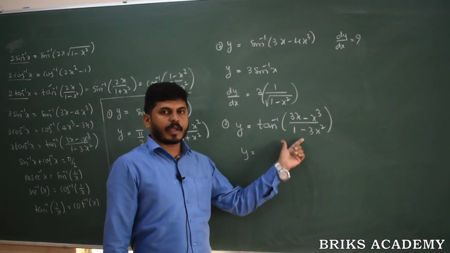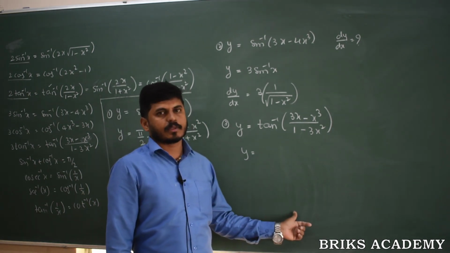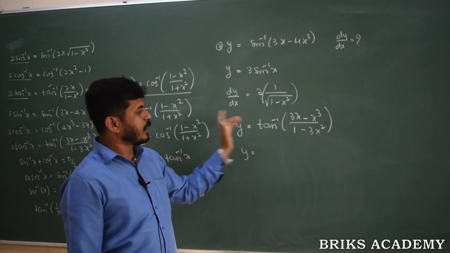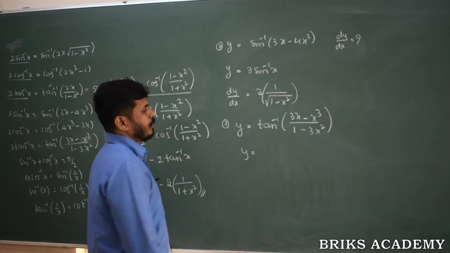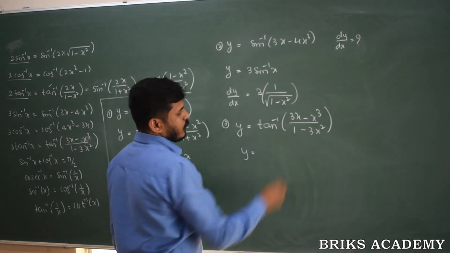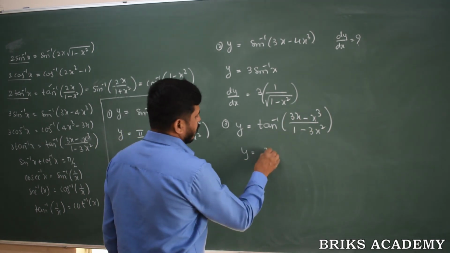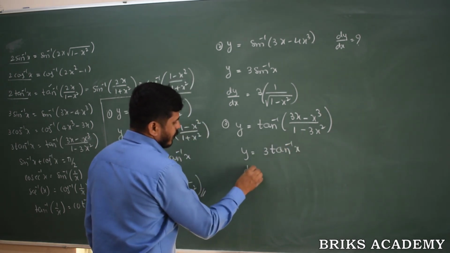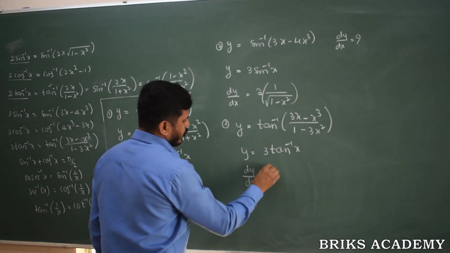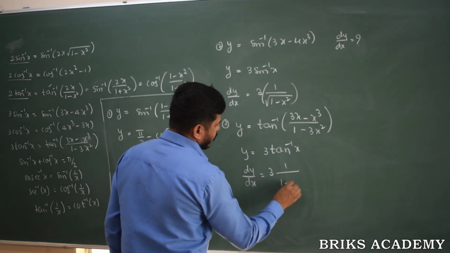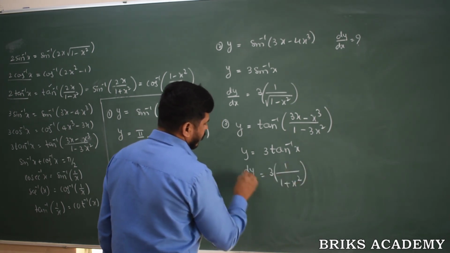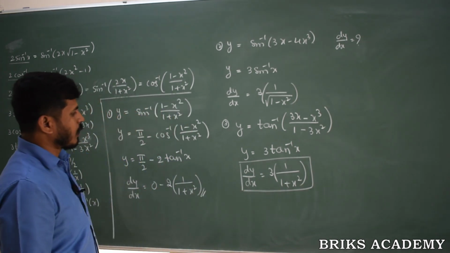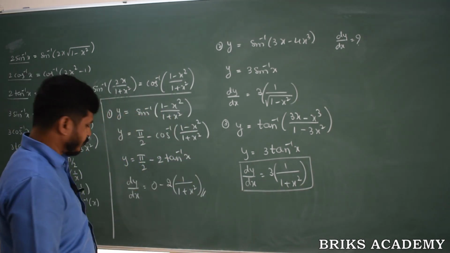If you use chain rule, again you have to simplify to get the final answer. It's a tough one. For that I will make use of the inverse trigonometry formula. It becomes easy. Tan inverse of 3x minus x cube by 1 minus 3x square is nothing but 3 tan inverse x. Now differentiate. dy by dx is equal to 3 into the differentiation of tan inverse x, which is 1 by 1 plus x square. Just a one step answer if you use the inverse trigonometric formula.